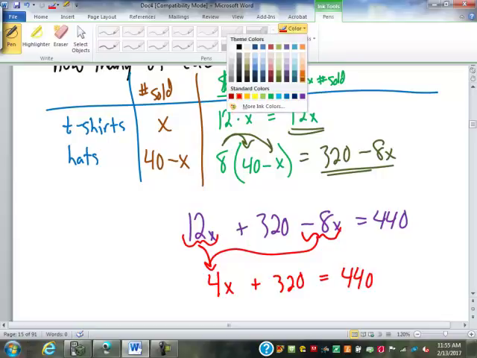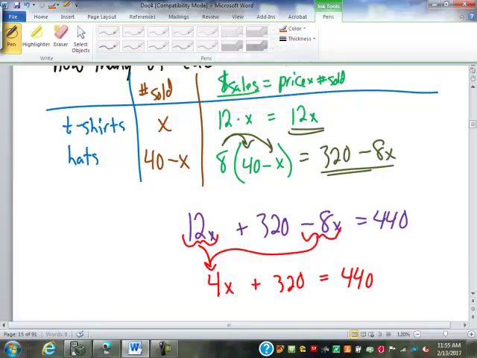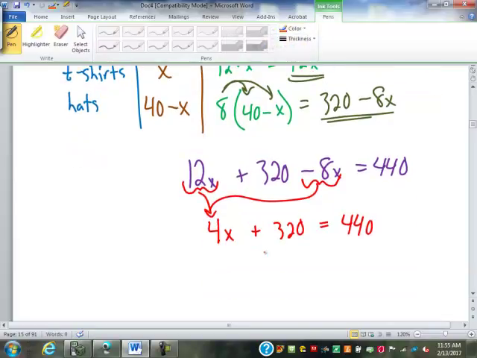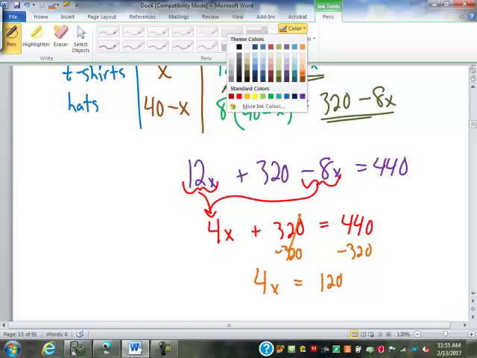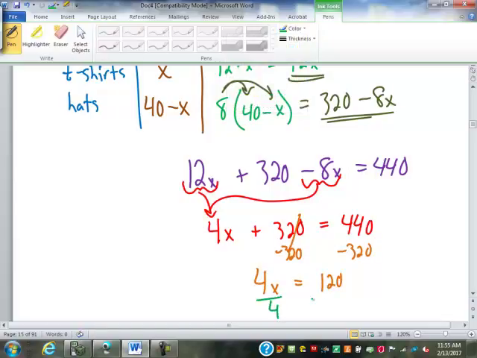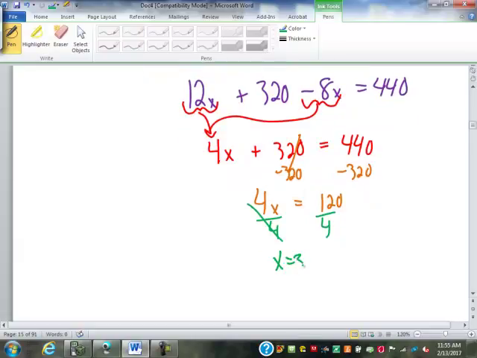Then what's next? Subtract 320, very good. So 4X equals 120. And then divide by 4. So we got X equals 30.